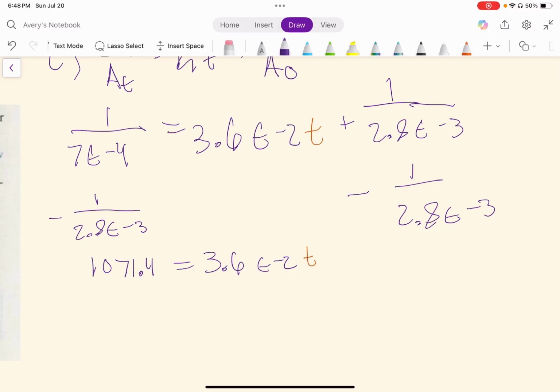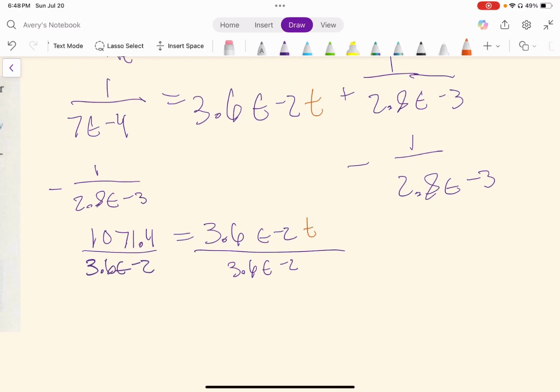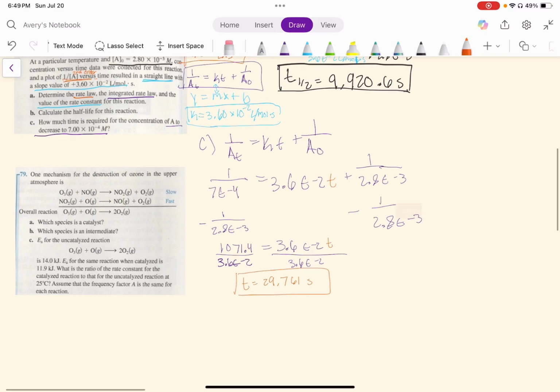Now we're going to divide by 3.6 e negative 2 on both sides. So now we get t is equal to, and you should have gotten, 29,761 seconds. That is our answer for C.